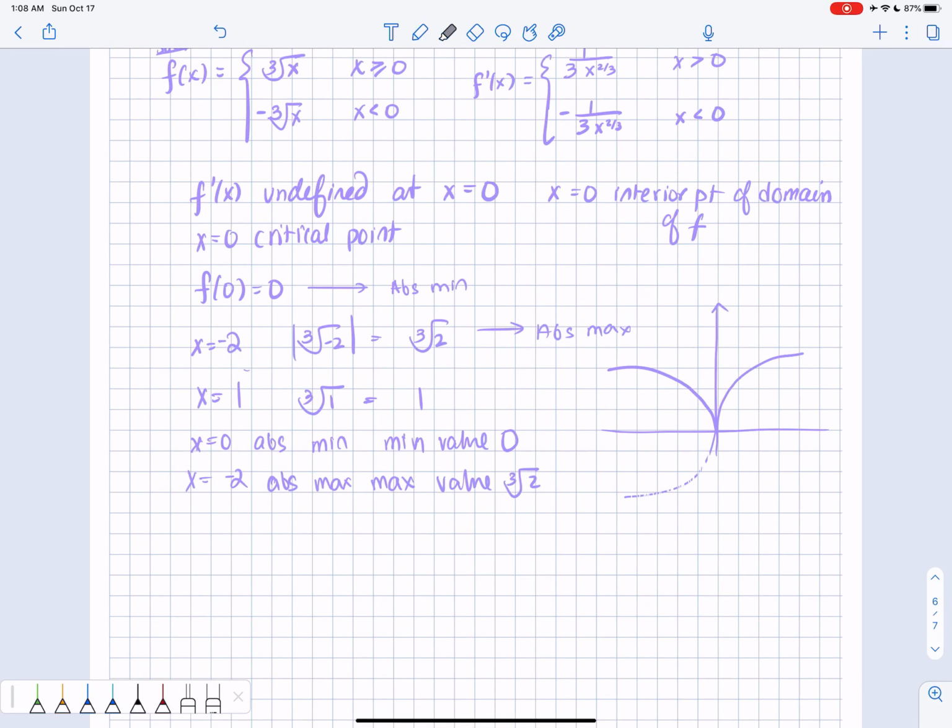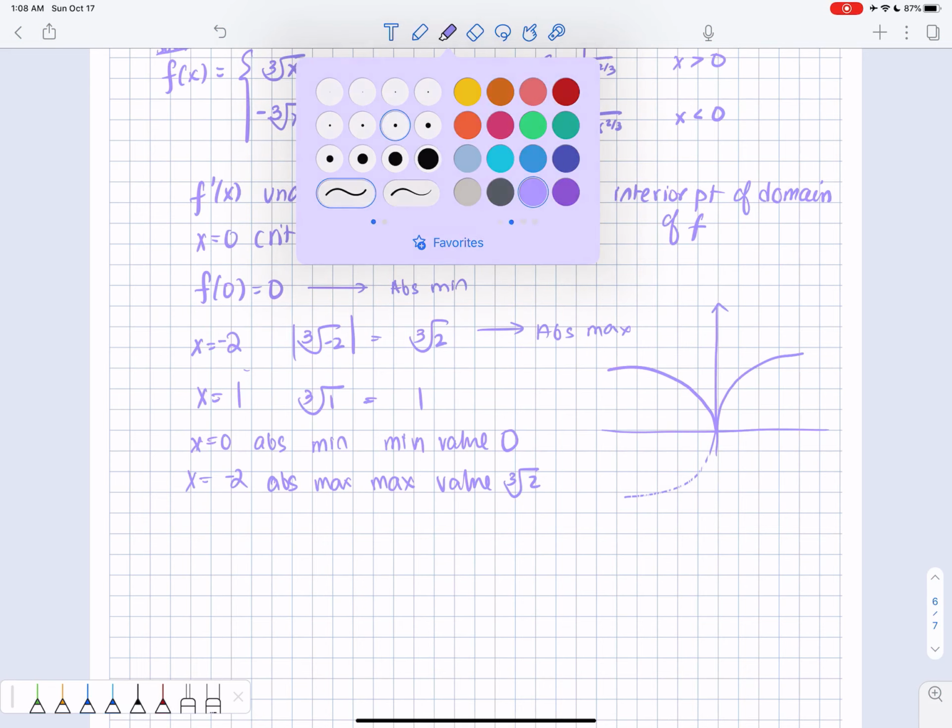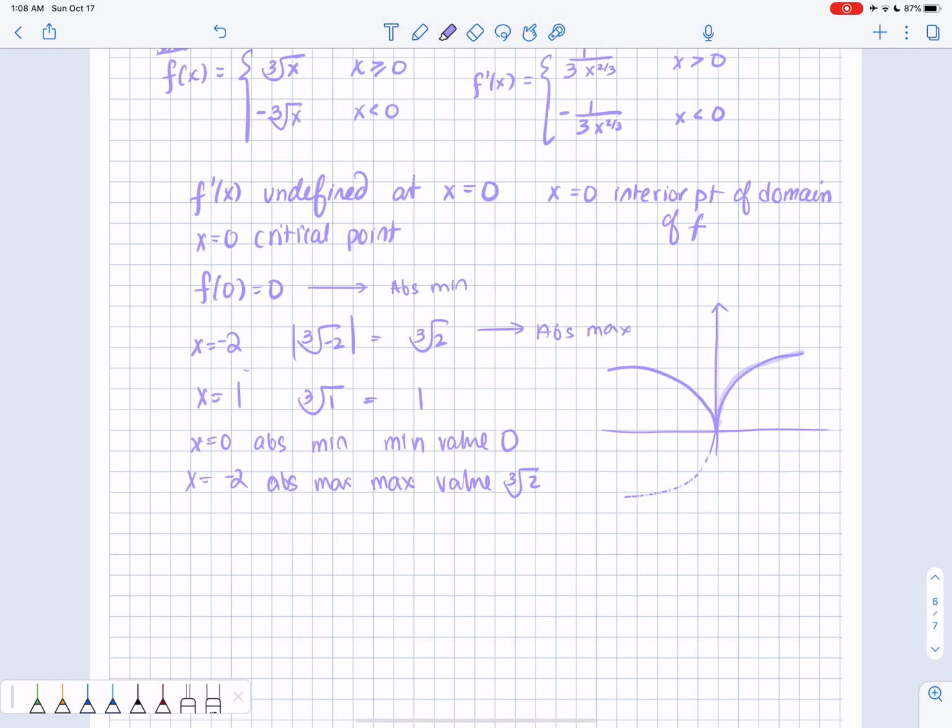So the function is this, and this, and you're going from negative 2 to 1.